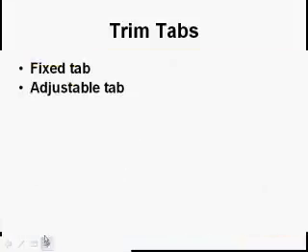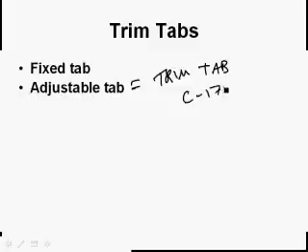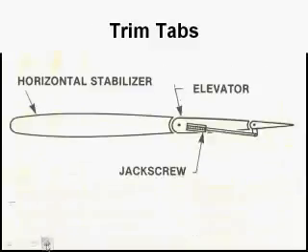Now, an adjustable tab, this is what we're used to calling the trim tab on a Cessna 172 or a Piper Seminole for the elevator. Adjustable means that the pilot can move it.